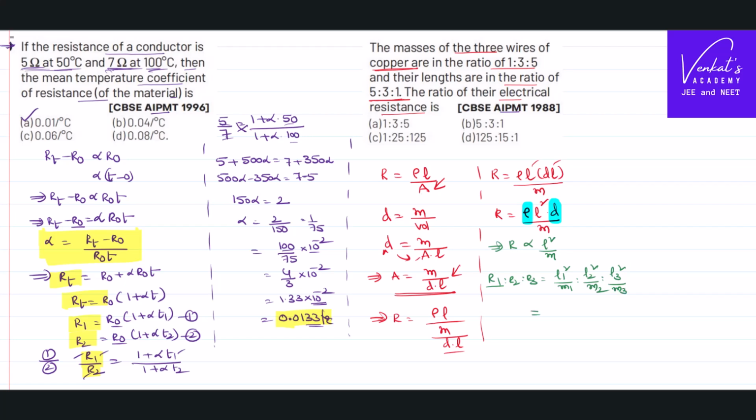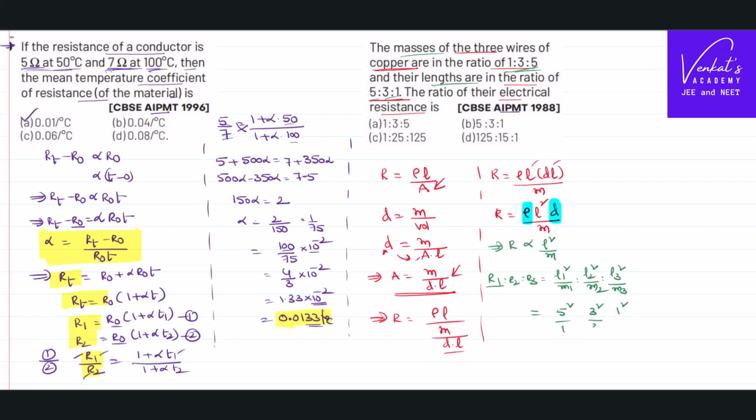Now, let us substitute the data. Their lengths are in the ratio of 5 is to 3 is to 1, so L_1 square means 5 square, 3 square, 1 square. Their masses are in the ratio of 1 is to 3 is to 5.